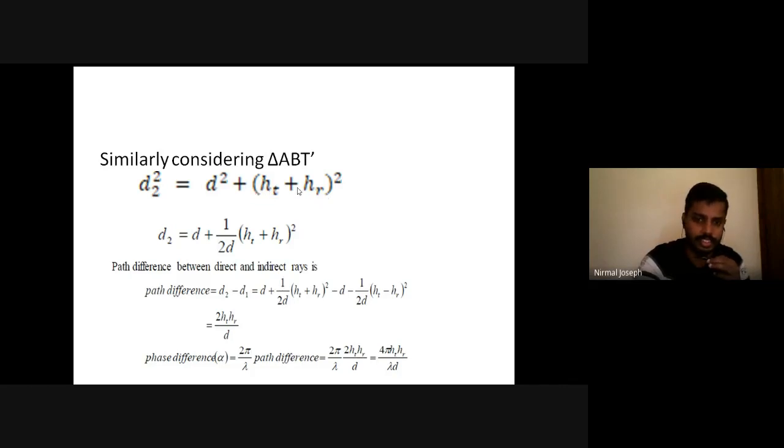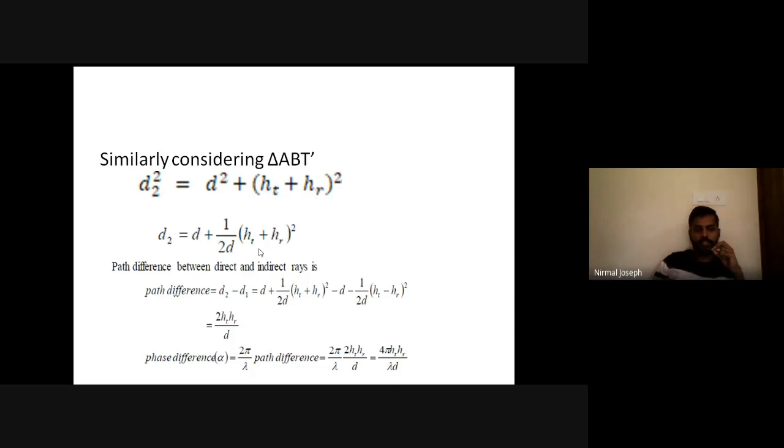The only difference here is HT plus HR; there it was HT minus HR. Following the same procedure, we will get D2 as D plus 1 by 2D into HT plus HR the whole square. The only difference is HT plus HR here, and in place of it, D1 had HT minus HR. All the steps are the same. So we have found D2 and D1.